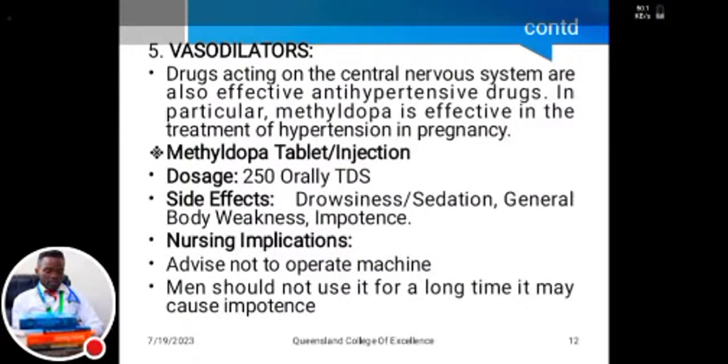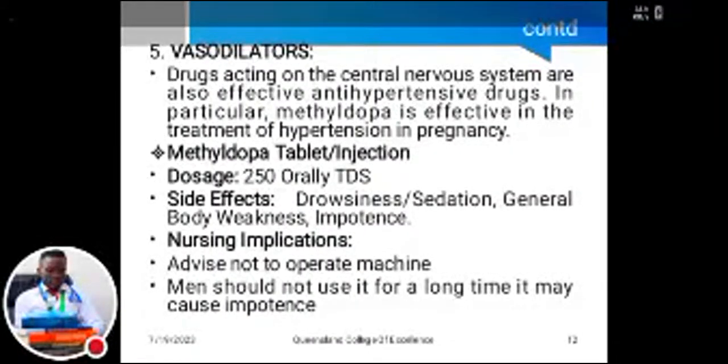You should advise not to operate machines because it can cause impotence.